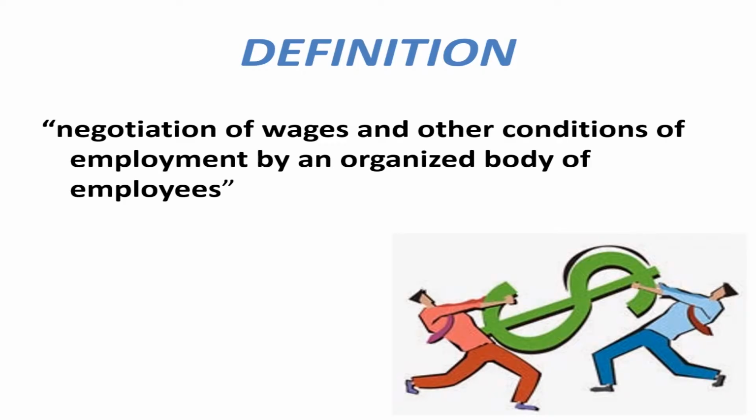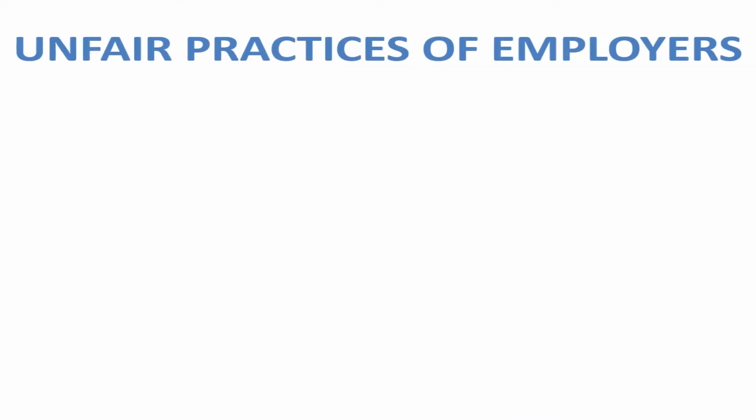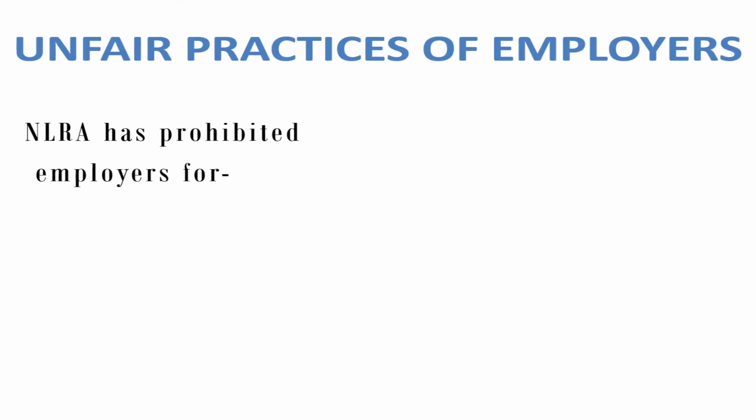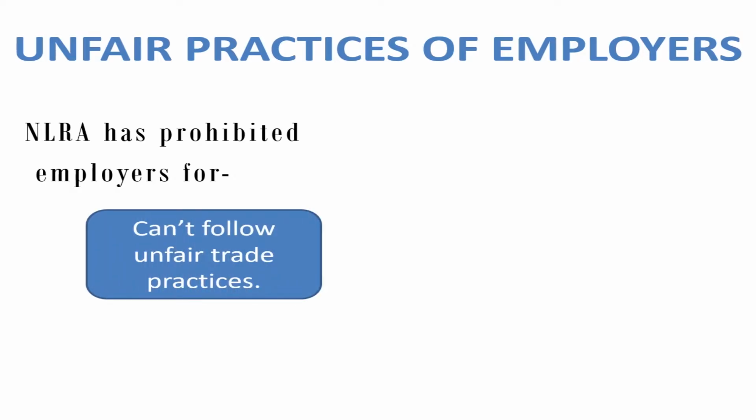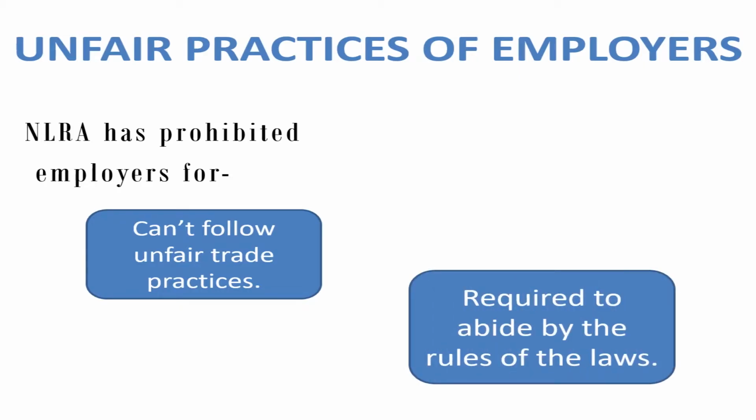Now, let's discuss some of the unfair practices of employers in which they usually indulge. NLRA has prohibited employers from following unfair trade practices, and they are required to abide by the rules of the laws.